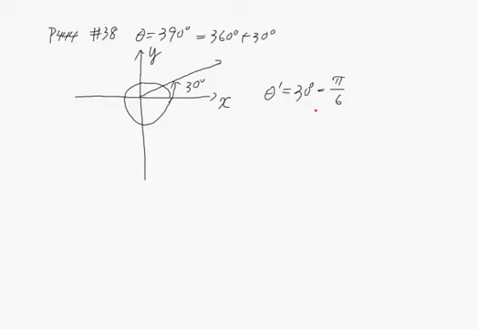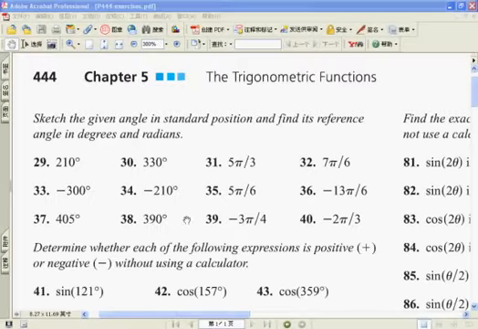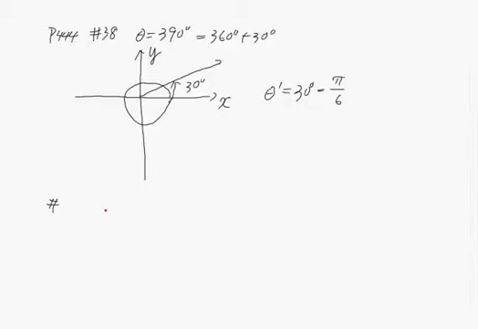Now let's look at another example, number 31. Theta is equal to 5 pi over 3. So this time, you may write this as 2 pi minus pi over 3.